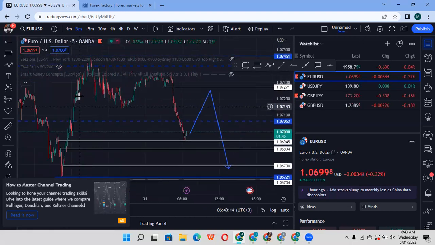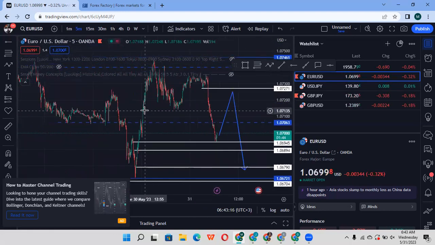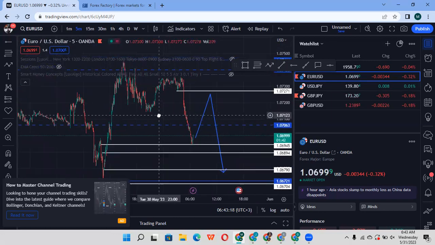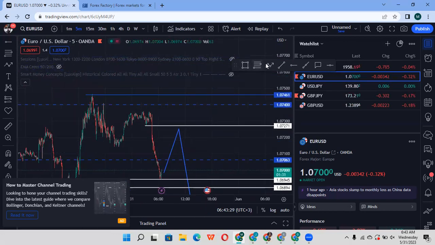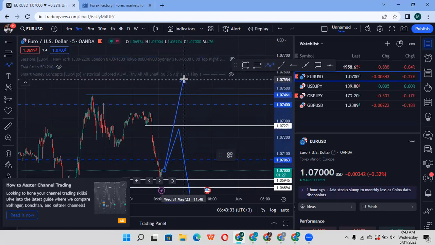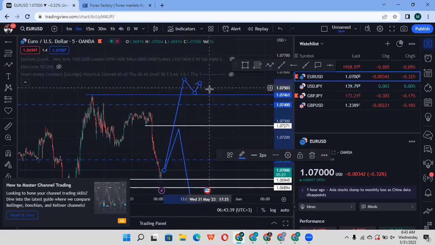So most probably I'll just wait for EURUSD to make its movement during London session. Okay, if London session comes, it gives me this push. You can see it has started buying. So if it gives me this push, breaking all this, forming a new high, definitely I'll be looking to continue buying.